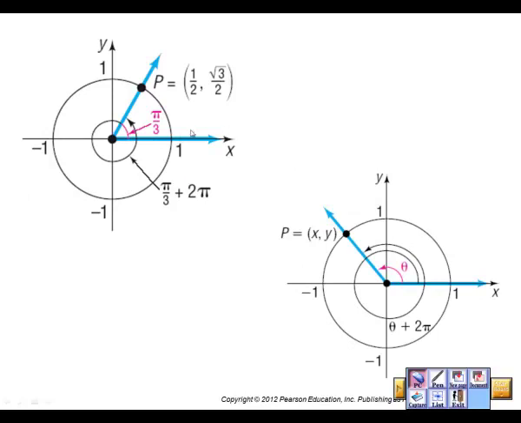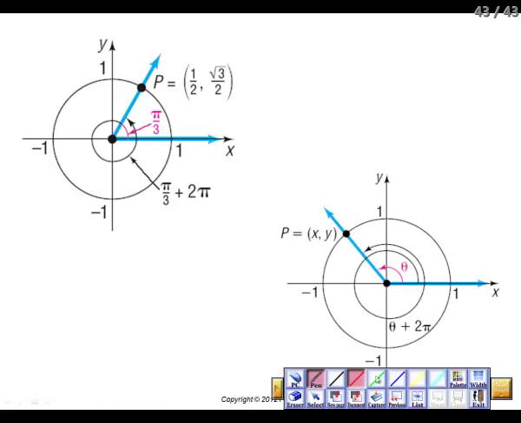Okay, now we know that in the unit circle, 1 revolution is 2 pi. So if we go 1 revolution and then to, let's say, pi over 3, then we would say that these angles are coterminal.